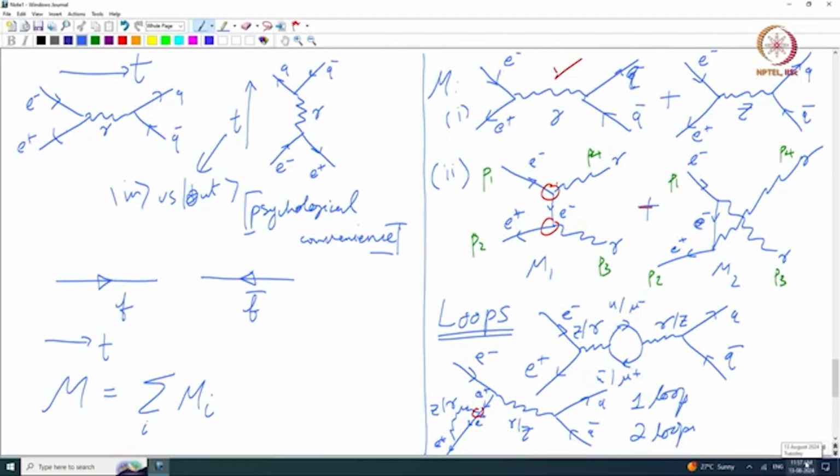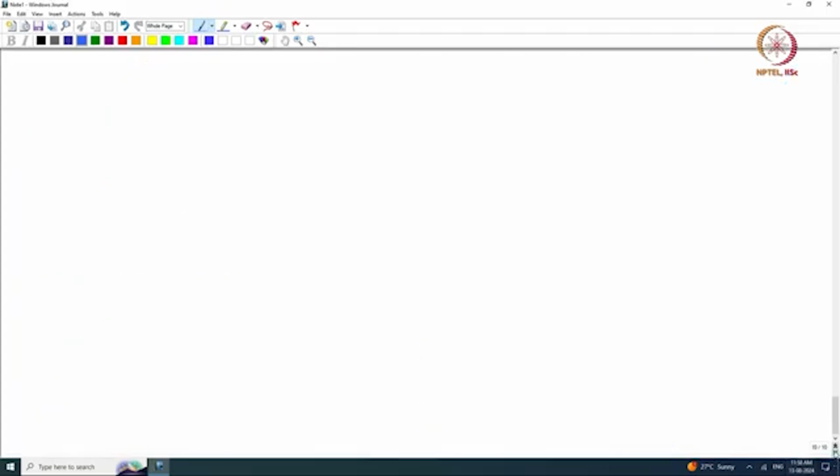So, it seems like we have a big headache here to actually get the amplitude. We seem to be adding an infinite number of Feynman diagrams here, right. So, how do we even solve anything here? How do we even compute the amplitudes or rates of any processes?